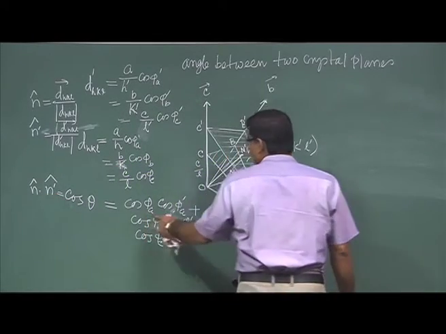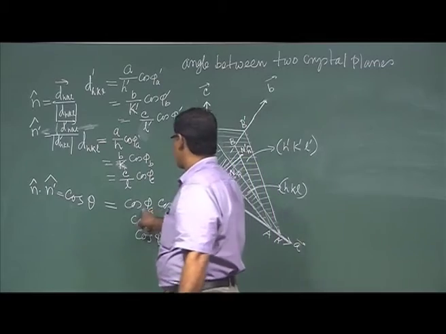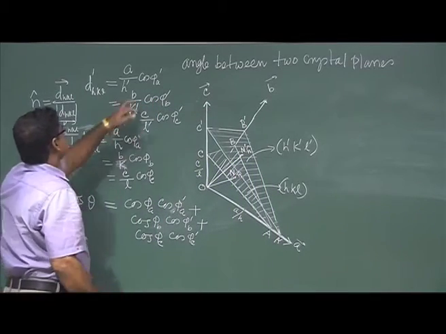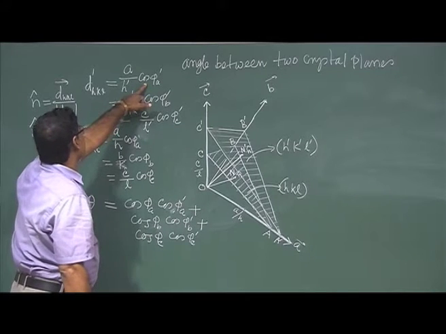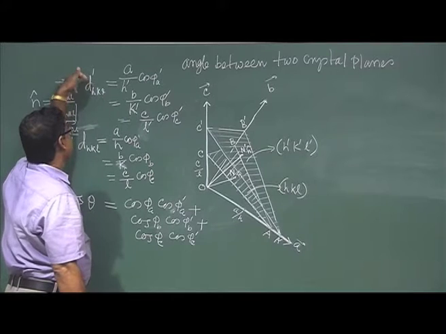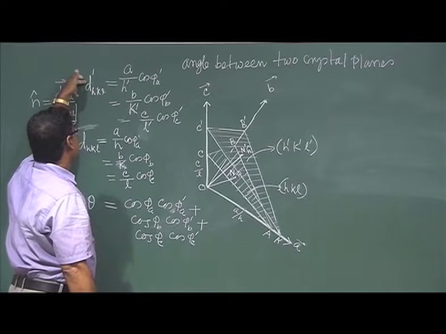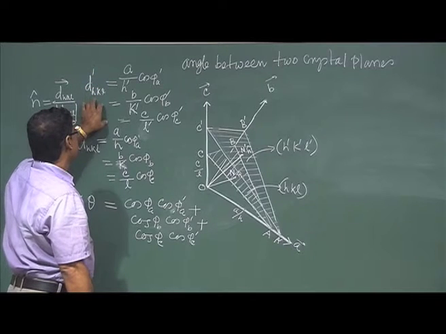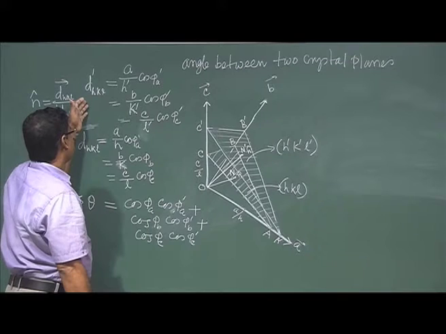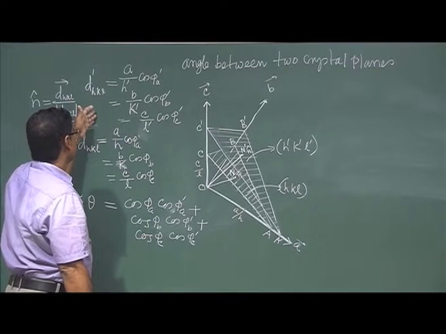So, from here if you just put in the cos phi values, in this case, h by d by a, or k by d by b. Okay.